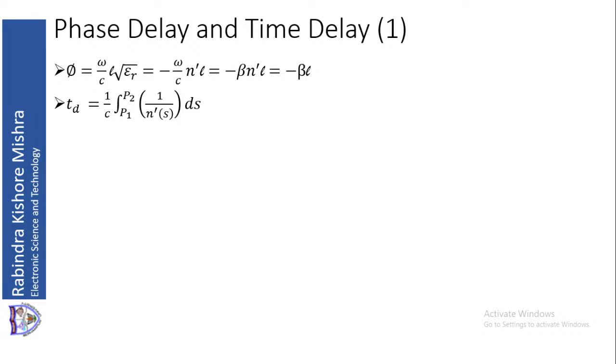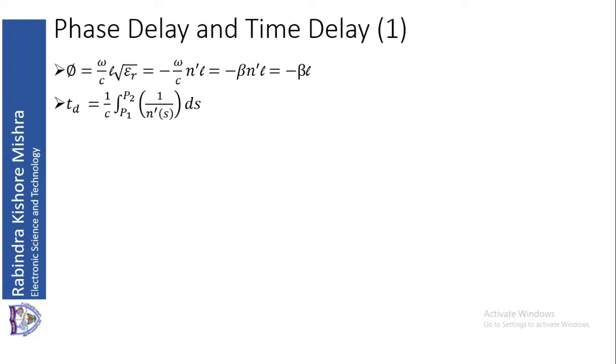What is the relationship between path and time? That relates through velocity. Now v and t are related. V into t is equal to the path traveled. Right? So t is equal to path traveled by v. So from that we get this. Td is equal to time delay will be this much.